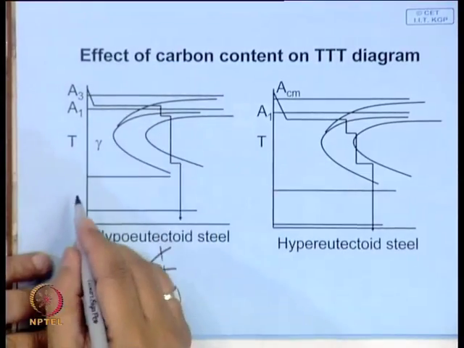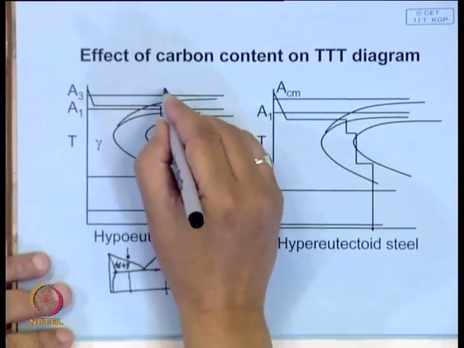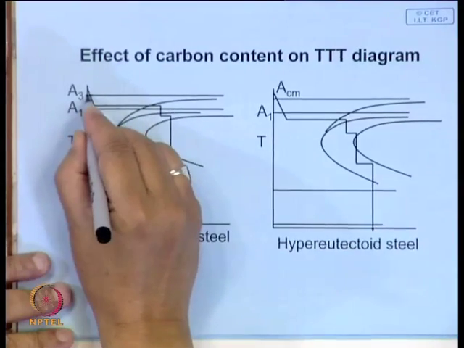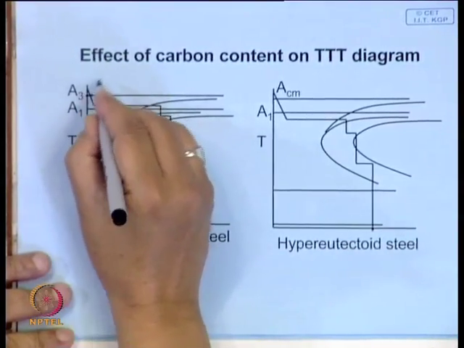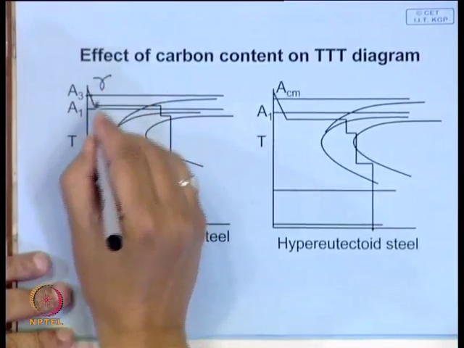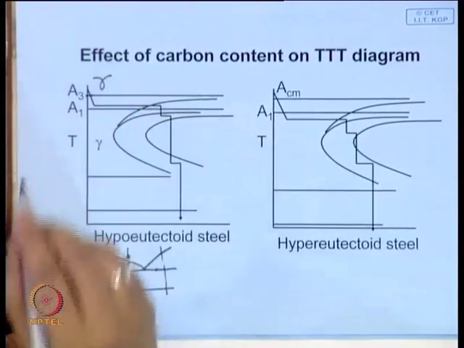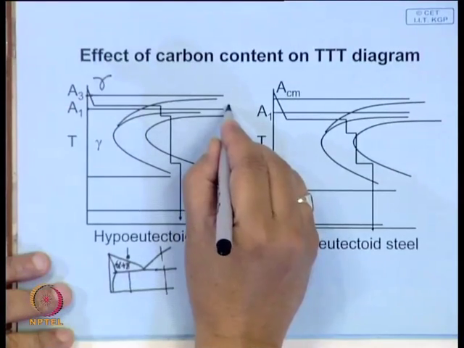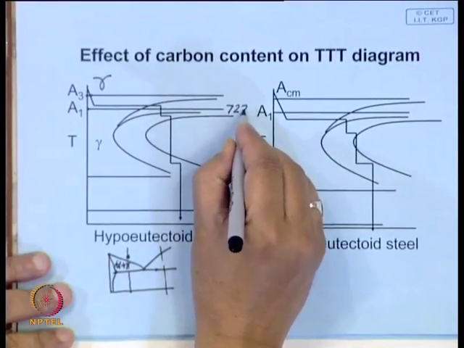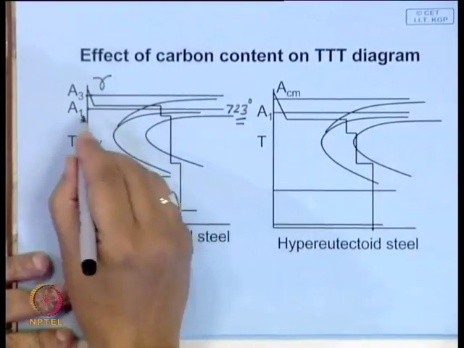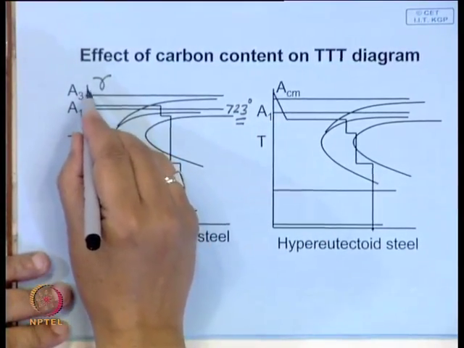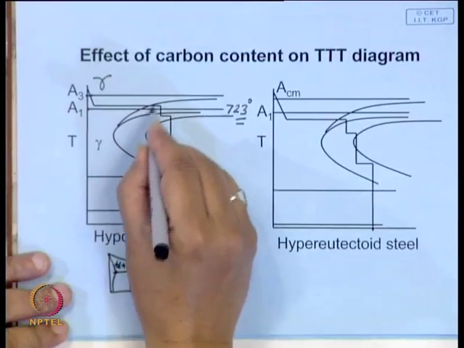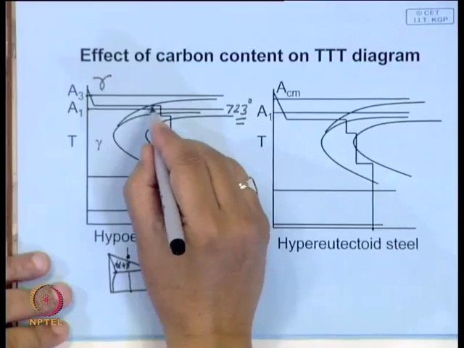Basic nature will still be the same, but there will be another critical temperature. Above this A3 you have full austenite. When you heat it above A3, you get homogeneous austenite. A1 is the eutectoid temperature, which is roughly around 723 degrees centigrade. When you start cooling here and hold it isothermally, after some time pro-eutectoid ferrite will start precipitating out.